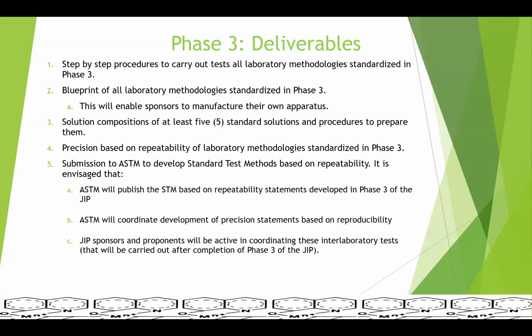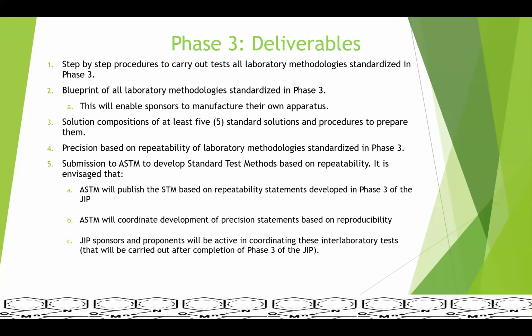For all the 8 methodologies, we will establish the precision based on repeatability. When I say repeatability, it is one person carrying out the experiments. And then at the end of the project, after the sponsors approve it, we will submit it to ASTM or AMPP to develop standard test methods based on the repeatability statement.